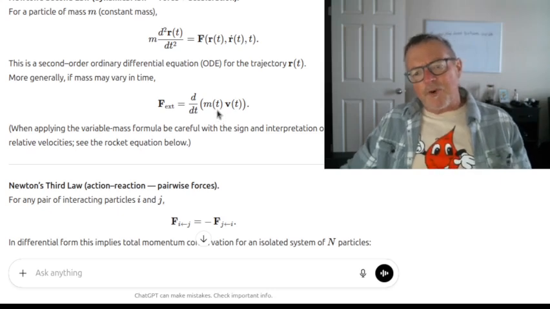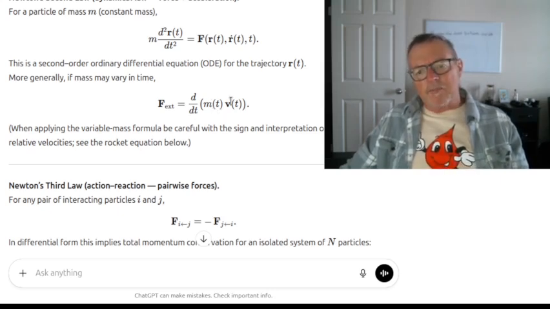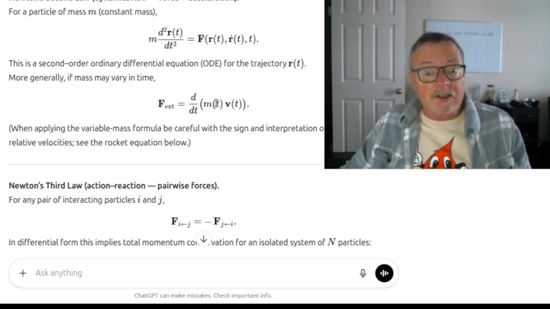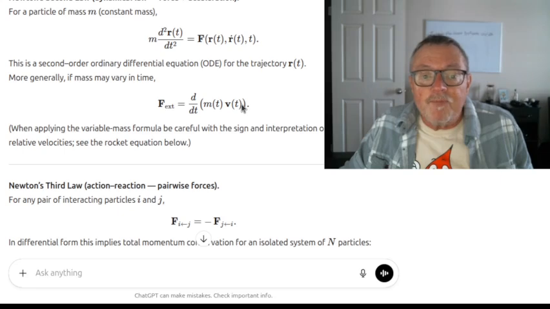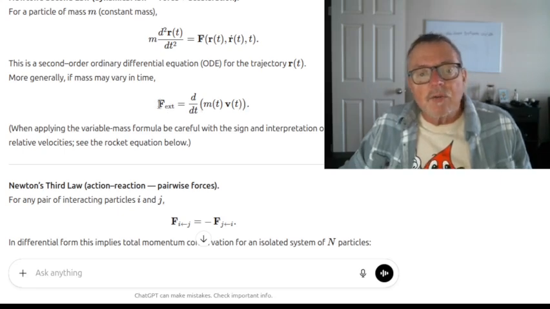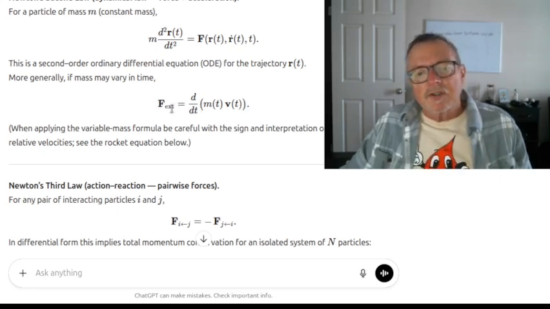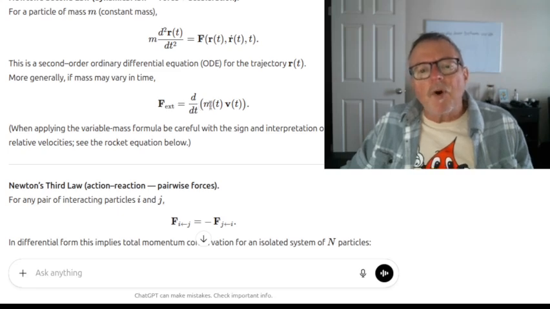He was more focused on momentum rather than mass. And this turns out to be great for quantum mechanics. So, the first derivative with respect to time of momentum is equal to the force. So, you put a force and momentum changes. See what I mean? It's a little bit different.